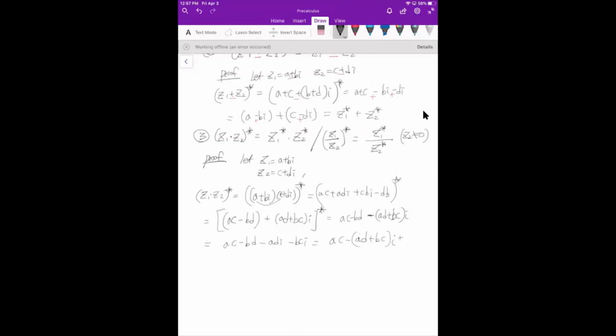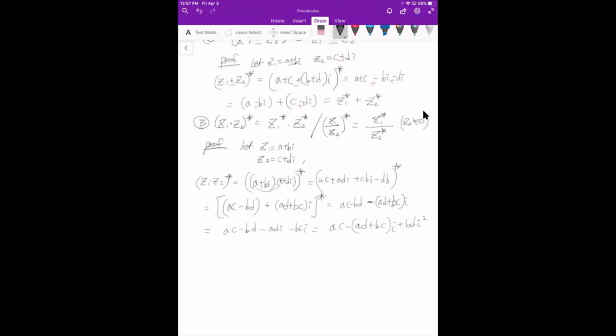And then I put bd and i squared, because i squared makes it negative 1. So I isolate ac on the first part, bd i squared at the end, and the imaginary part in the middle. And then you can factor it. It seems like a times minus bi, c minus di. You can factor them.